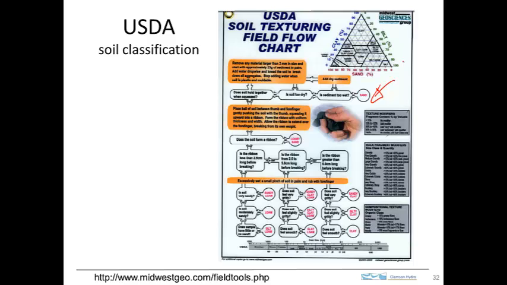Once you have some cohesion, you do this test to see whether it forms a ribbon or not. If it holds together but you really can't form a ribbon with it, you try to squeeze out a ribbon and it just doesn't go anywhere, then what you've got is a loamy sand. But if you can form a ribbon, then you have one of these three categories.